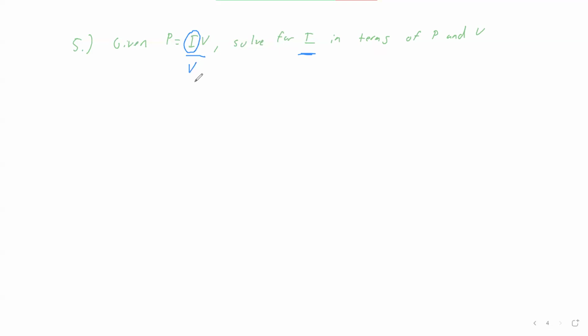I have to divide by V. But what I do on one side, I have to do on the other side. Now, beforehand, I would figure out what these numbers were. I just don't have any numbers. So instead of simplifying it, that is your answer. So in literal equations, you're given an equation, you're asked to solve for a letter, and your answer is an equation.